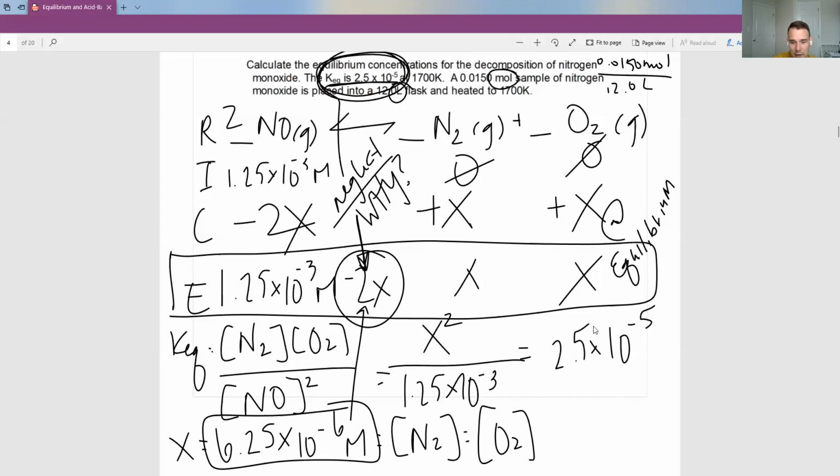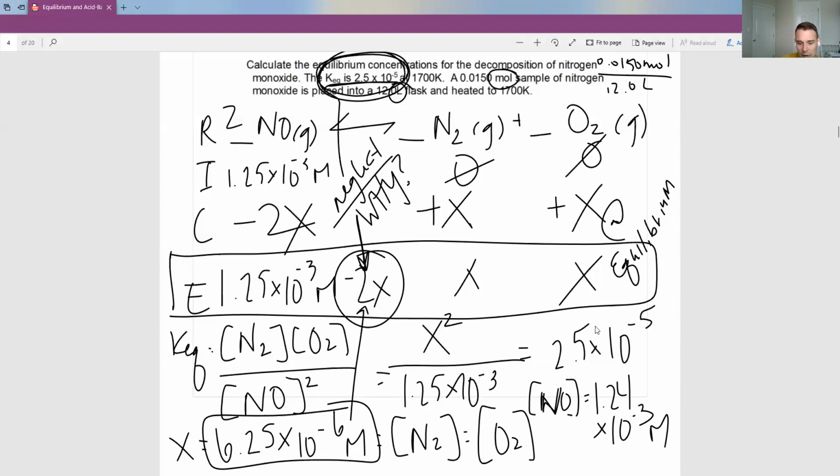And I just plug that in there, and then I can say the concentration of NO is going to be 1.24 times 10 to the negative third molar. It was 1.25 times 10 to the negative third, so it barely changed at all, which was the whole point, which was why I could neglect that 2x.